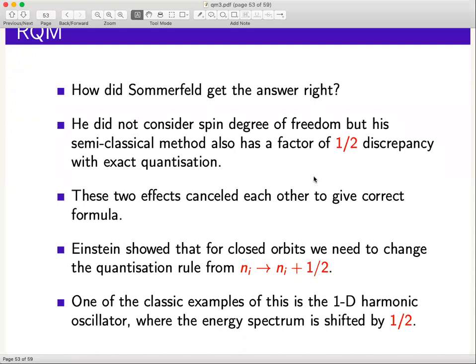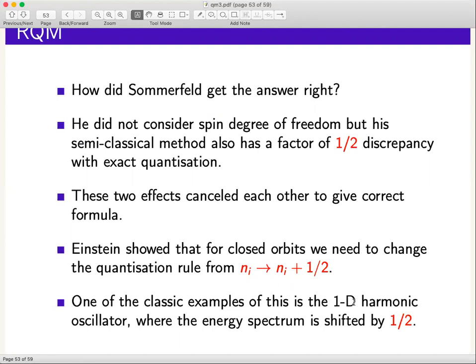Later on Einstein showed that if you are considering closed orbits, that means if you're trying to solve, say, the radial problem, then the orbit which has two turning points, in that case you need to modify the quantization rule, and you should replace n_i, which are integers, by n_i plus half. That is what Einstein showed. The classic example of this half shift is the 1D harmonic oscillator problem.